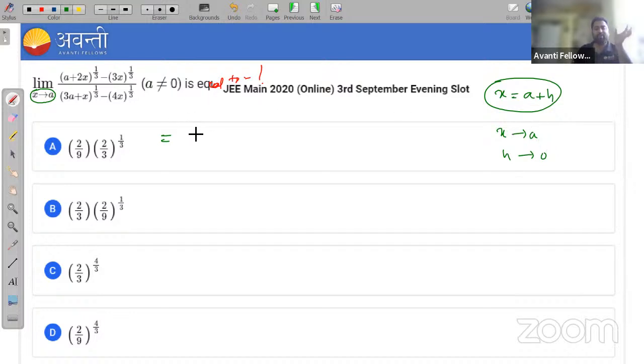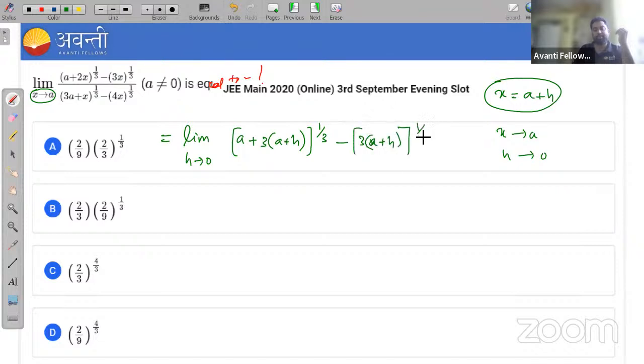So we'll convert this limit to the limit as h tends to 0 of (a plus 3 into (a plus h))^(1/3) minus (3 into (a plus h))^(1/3), whole divided by (3a plus h)^(1/3) minus (4 into (a plus h))^(1/3).